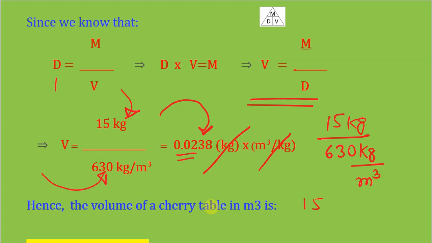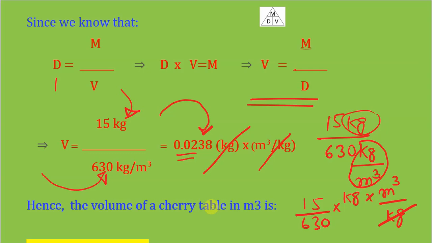So 15 divided by 630 kg is here, and kg over meter cube becomes reciprocal, so you have to flip it over. Kg will cancel with kg.